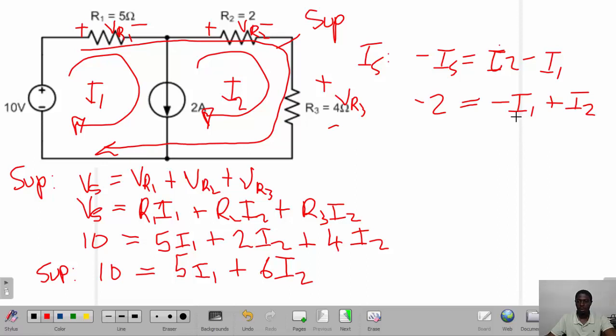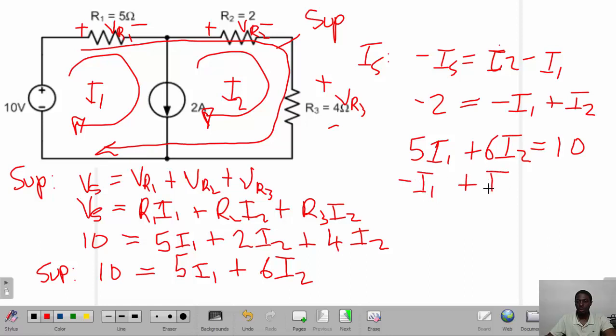If we put these two equations together, we have 5 I1 plus 6 I2 equals 10, and then we have minus I1 plus I2 equals minus 2. The simplest way to solve these two equations simultaneously is by multiplying the lower equation.